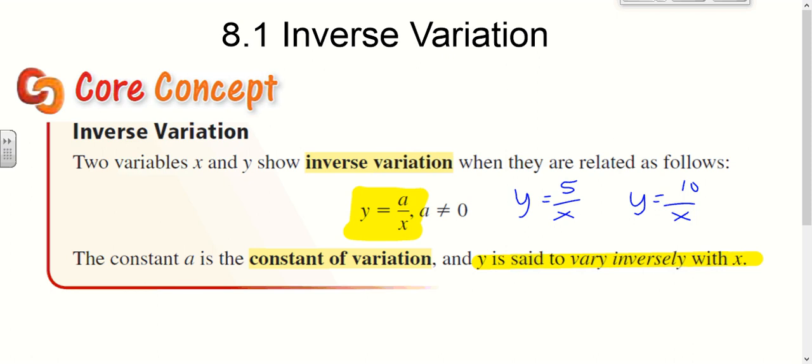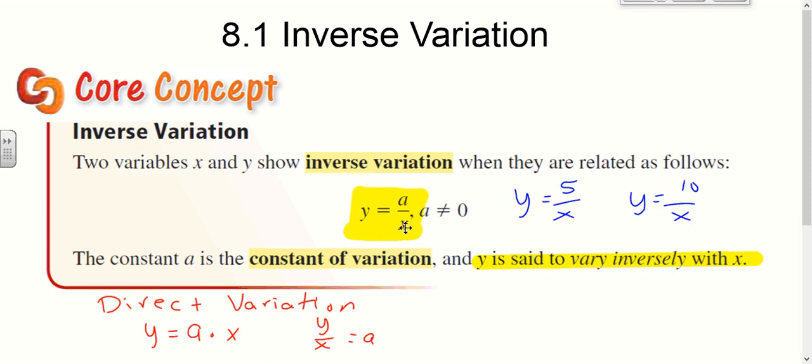Now, on another note, you have something called direct variation. With direct variation, your equation is a little bit different. It is y equals a times x, or it can also be written as y equals x over a.